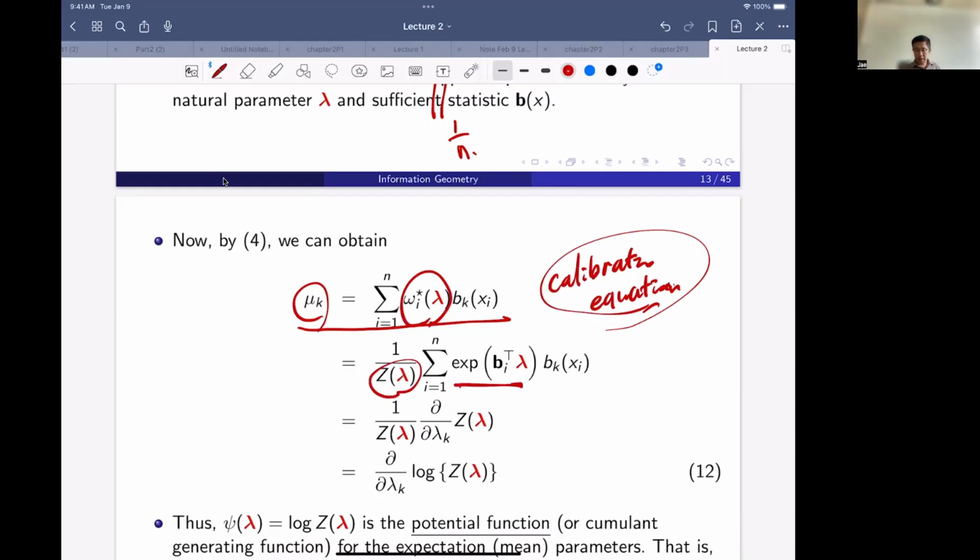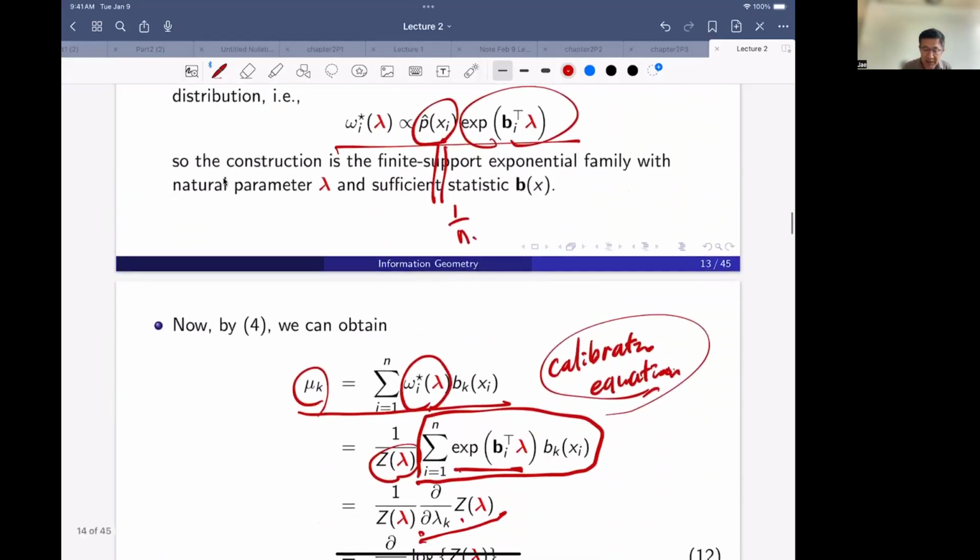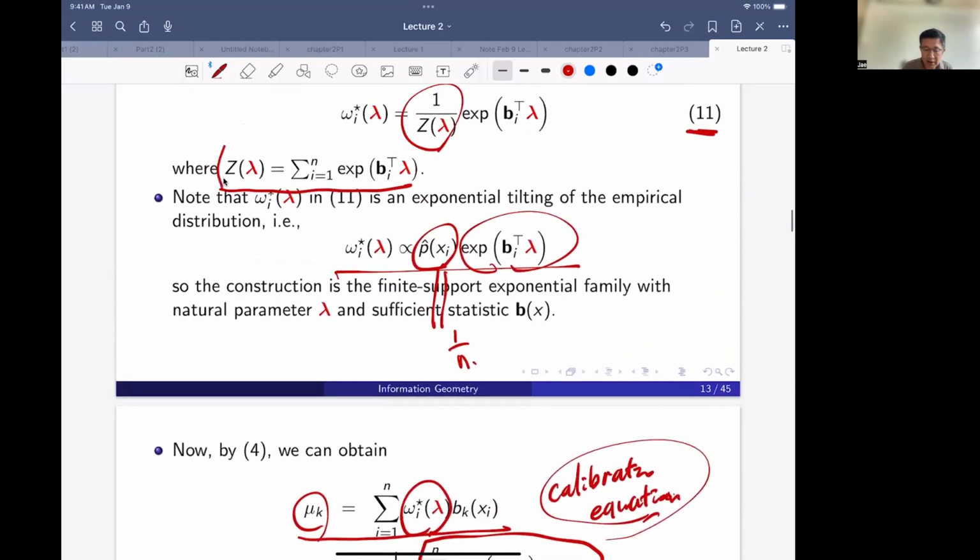Okay. And then the interesting part is that this function here can be viewed as a differentiation of g lambda, because what is z lambda? Z lambda is here, right?